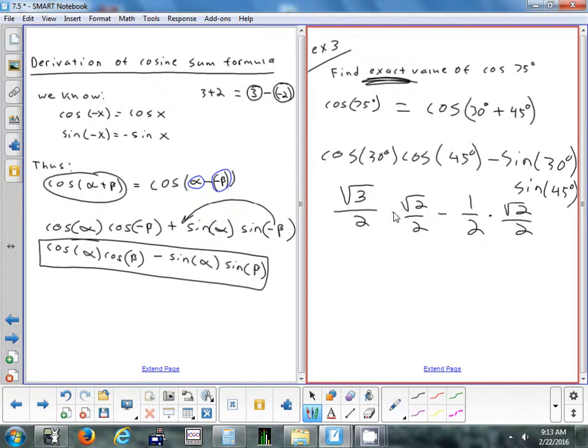So we're actually going to get the same answer as we did when we did cosine 15. It's just the plus changes to a minus. So square root 3 times square root 2 gives me square root 6. 1 times the square root of 2 is square root of 2. And they both have a denominator of 2 times 2. 4 and 4.